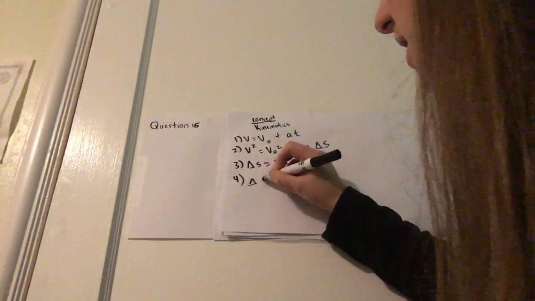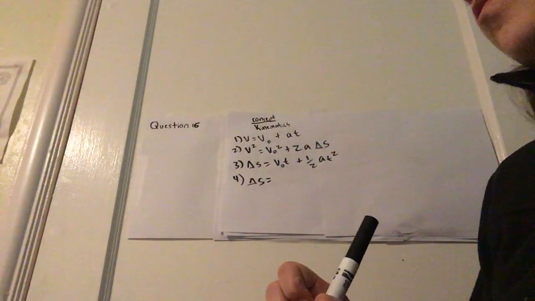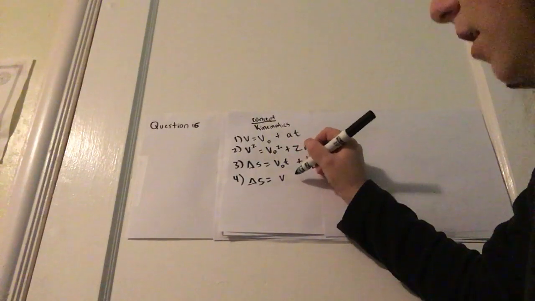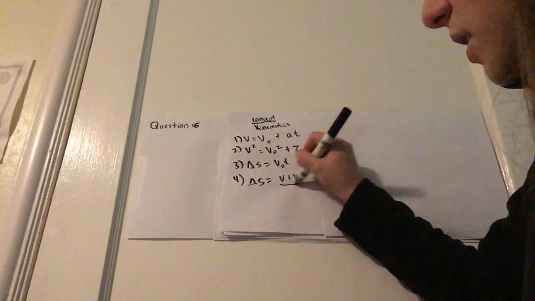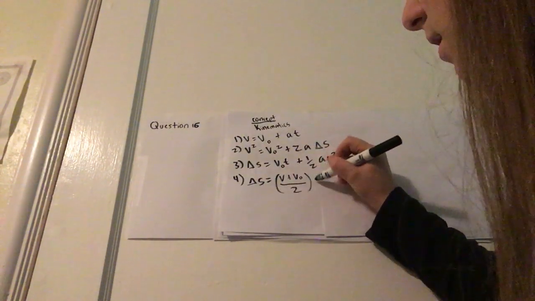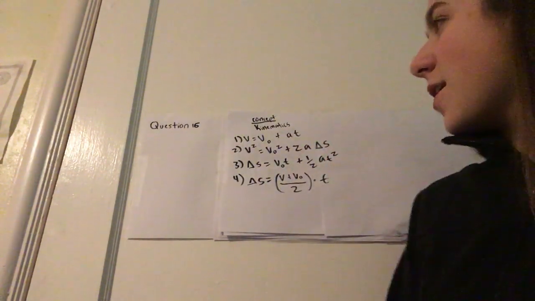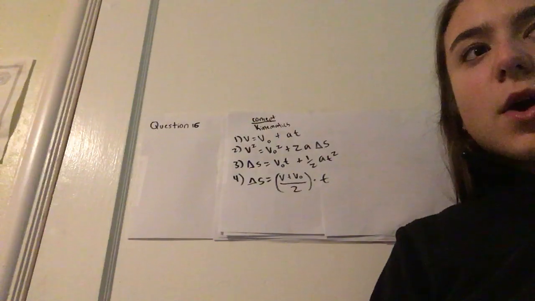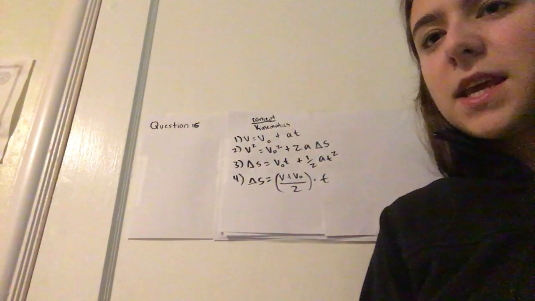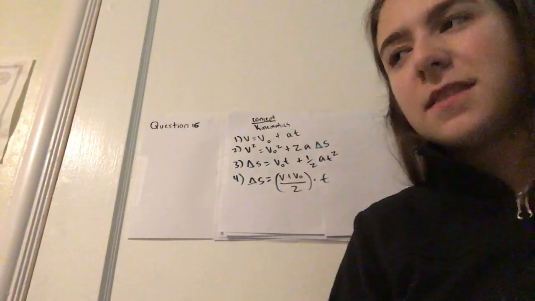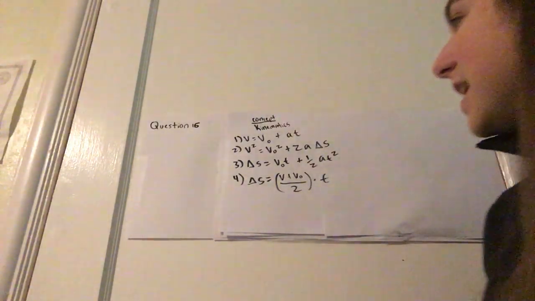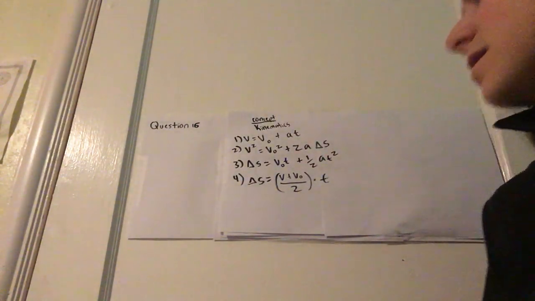So change in x, or displacement, is equal to final velocity plus initial velocity divided by 2 all times time. Okay, so those are the 4 equations that we are using to study kinematics, and so basically motion. And you can see that it deals with velocity, acceleration, time, and displacement.